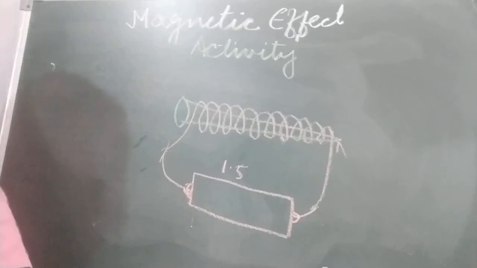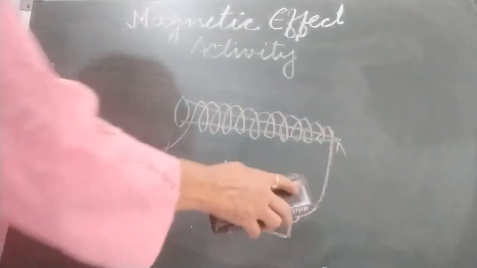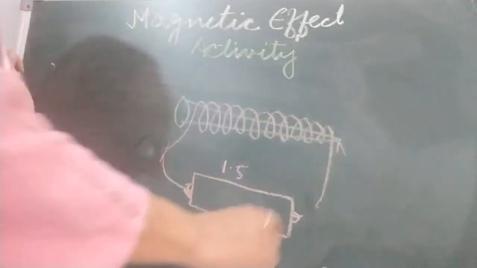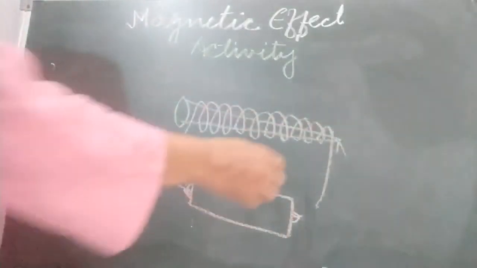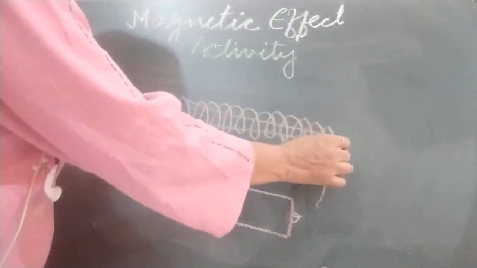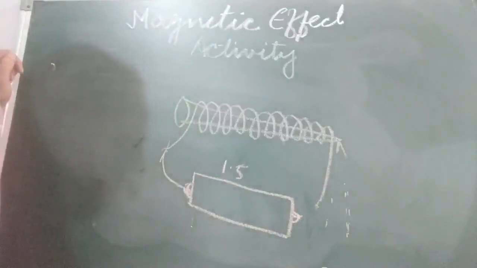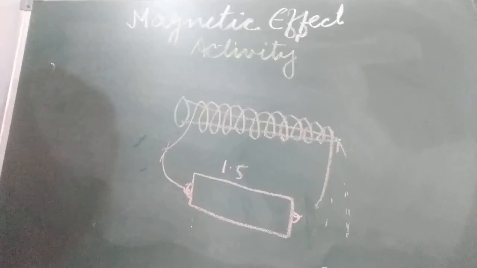And next thing I told you, when we remove this wire from here, means disconnection takes place, what will happen? It will not behave like a magnet. Whatever things are stuck here, they will fall down. So what I told you, the electromagnet loses its magnetic effect when the source of electric current is removed. Okay, children?